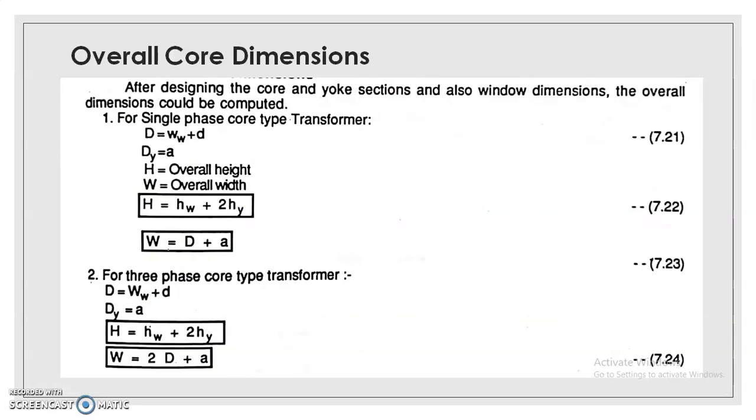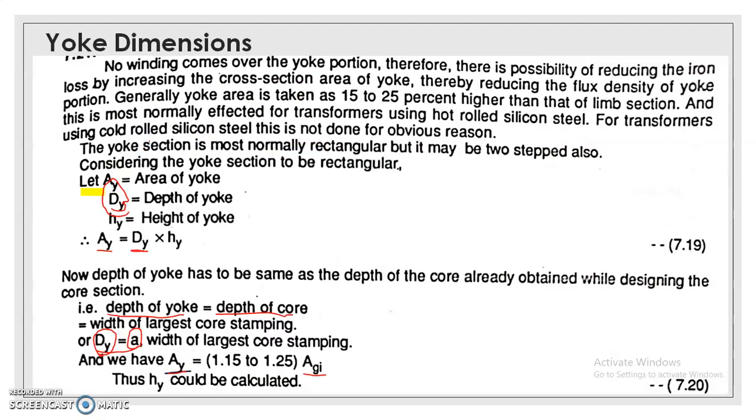Overall core dimension, you can simply calculate as I said in the last slides. Defined, how to calculate the capital D. We will see one by one, a single phase core type transformer. If you want to calculate the capital D, just see the figure here.